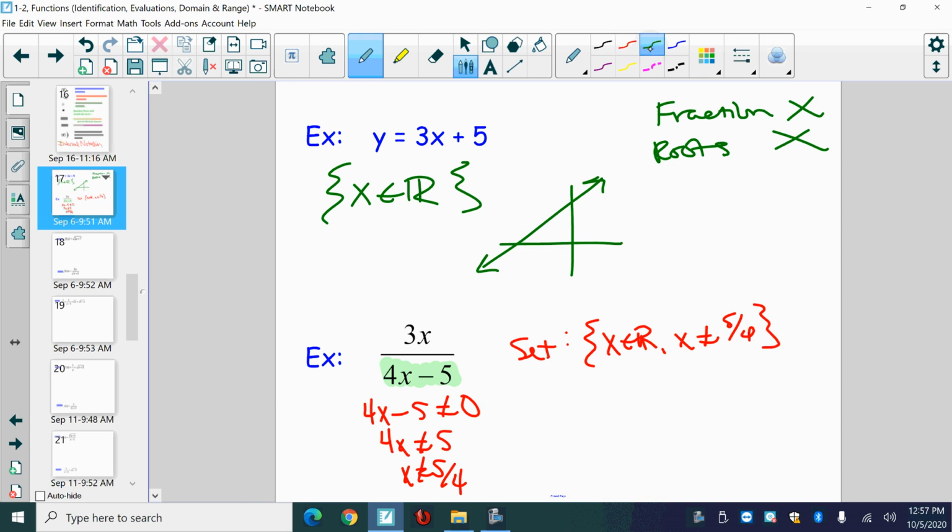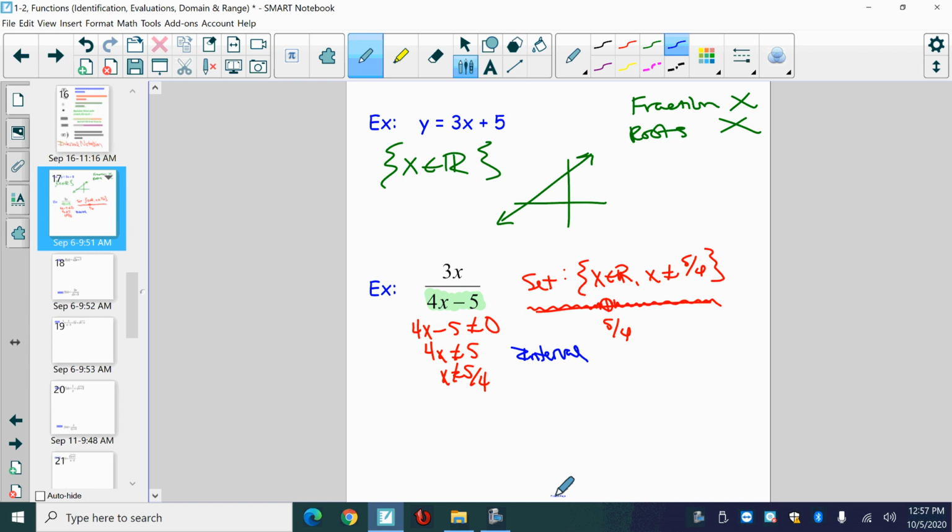Okay, our interval notation is whenever I put this on a number line. And it's an open dot there, but it can be anything else, so that means I'm shading to the right and to the left. So that means my interval notation means I have to cover the whole number line. So I read this from left to right. My smallest number in the world is negative infinity, and I go all the way until I hit 5/4.